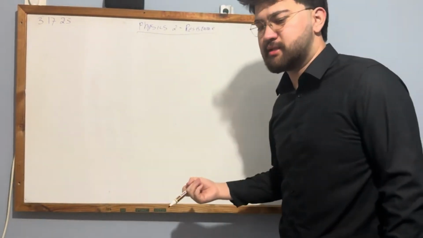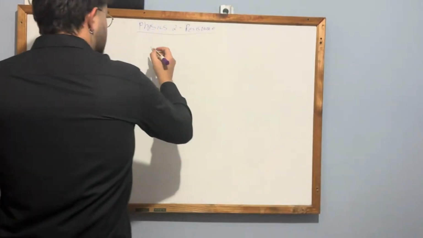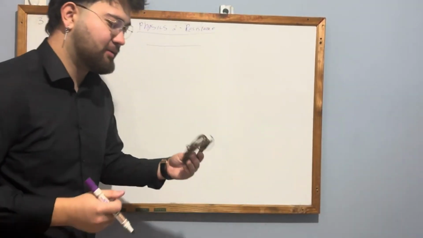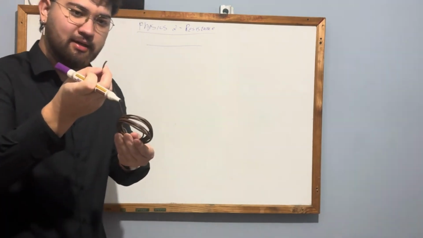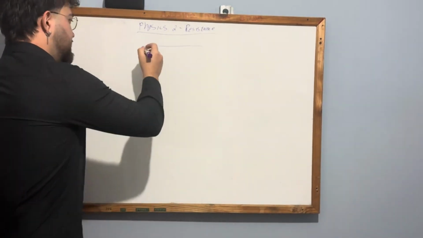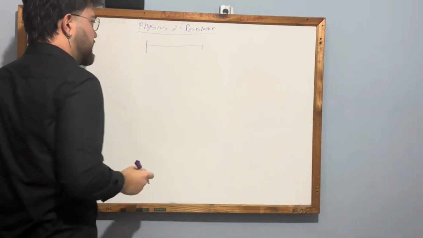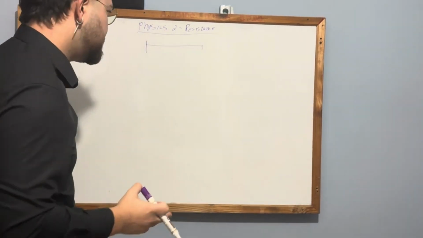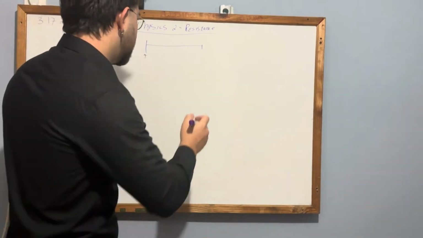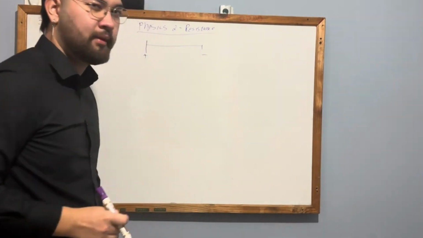So what is resistance? Let's say we have some sort of conductive wire. I have one as an example here. You can see it's a copper wire. Basically, if we charge this wire, if we give it some sort of current, let's say this is the positive side and this is the negative side.